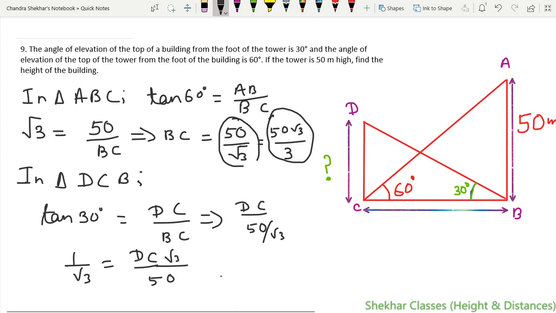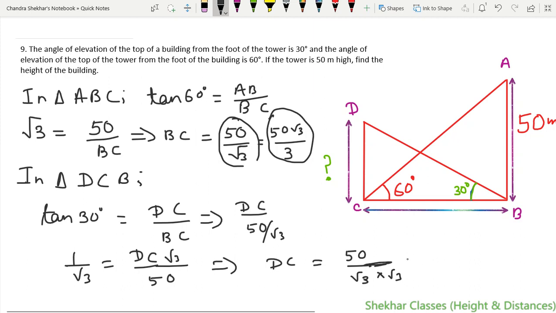So we can finally write here that DC is equal to 50 upon root 3, and this root 3 will also go there.